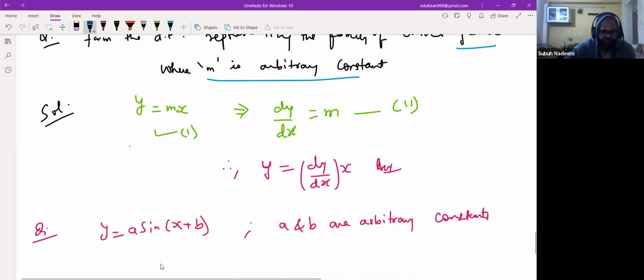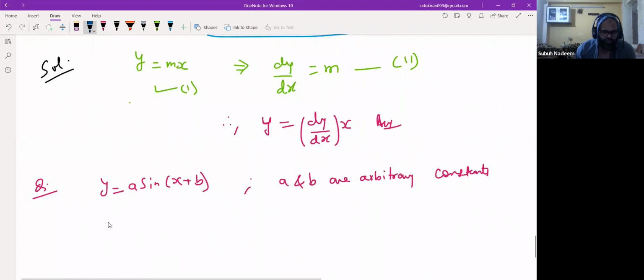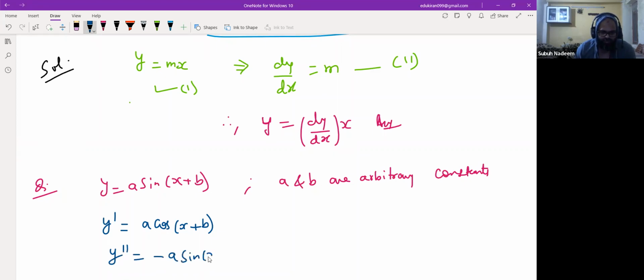So when we differentiate it, we get y dash equal to a cos of x plus b on differentiation. This is the first order derivative. a will remain a, sine will become cos. Now we'll differentiate it again. So y double dash is equal to minus a sine of x plus b. So cos will become sine with a negative sign, because the differentiation of cos is minus sine. Now, how can you get rid of a and b in a step?